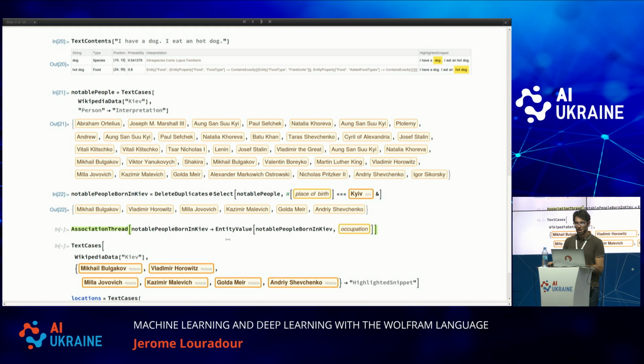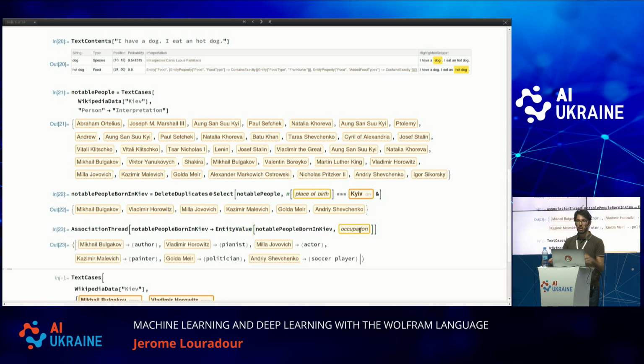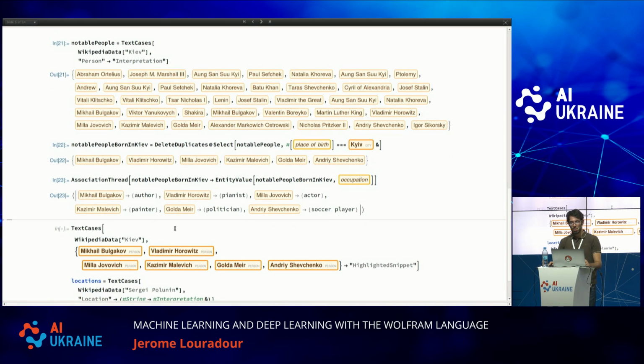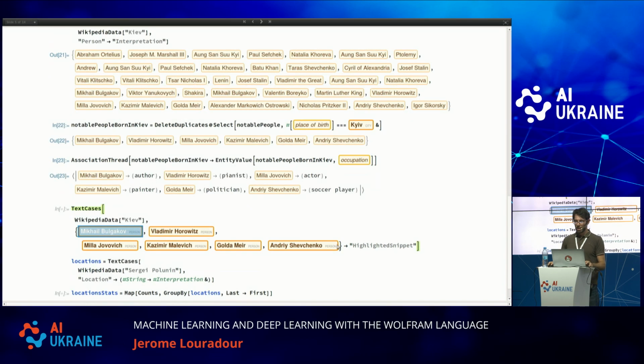Here I'm displaying for all these people what their occupation is, what they are known for. Okay, I have this. And now I take the same function that is going to grab information in text, and I'm asking to look for these entities especially, not persons in general, and to give a snippet of text around the occurrence of this person in the text.